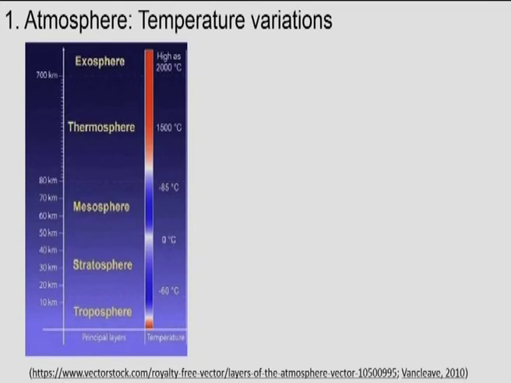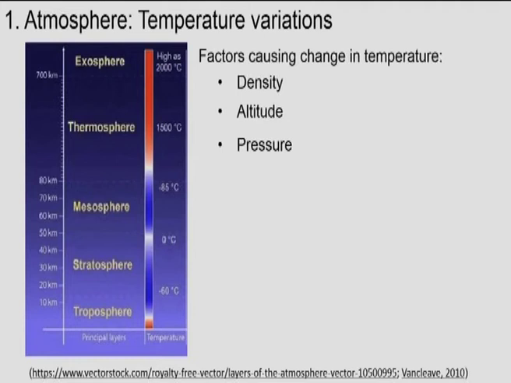There are various variations in the temperature as we move on from the troposphere to the stratosphere, mesosphere and thermosphere. You have seen that there are variations in the temperature. This is due to the density of gases present in each layer, the altitude as we go on from the surface of the earth, and the pressure.